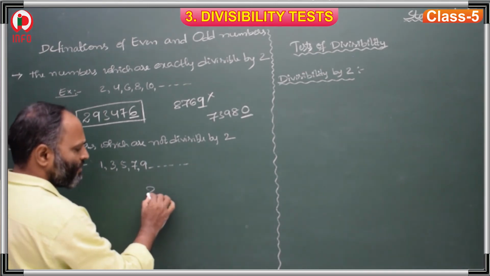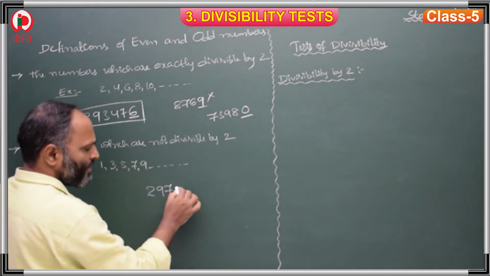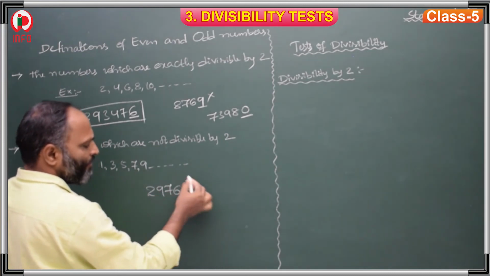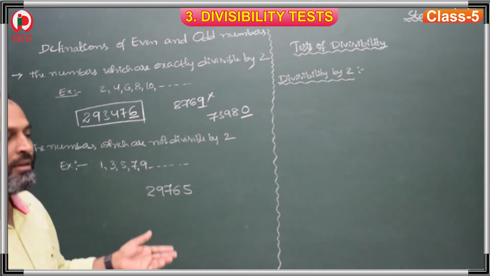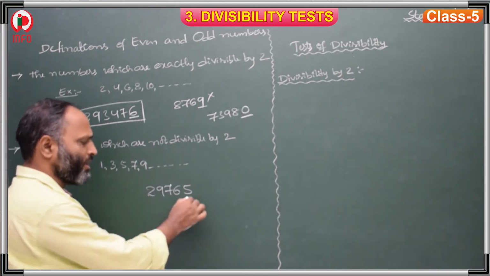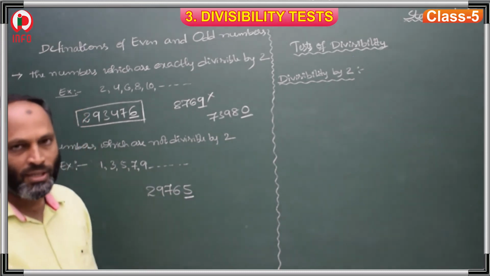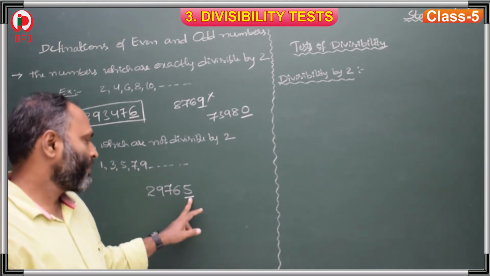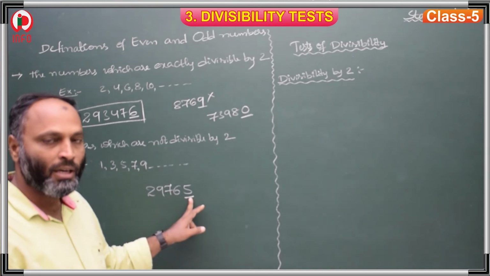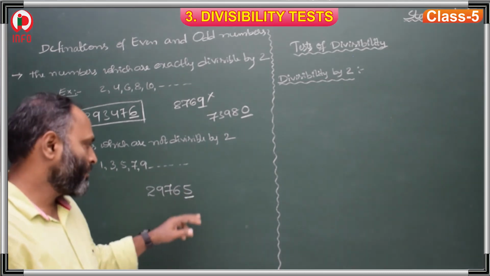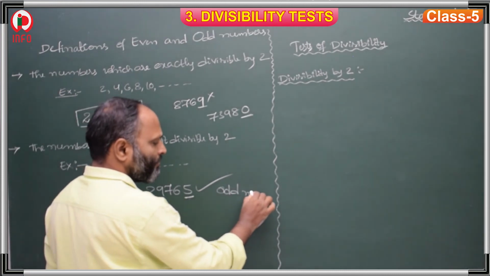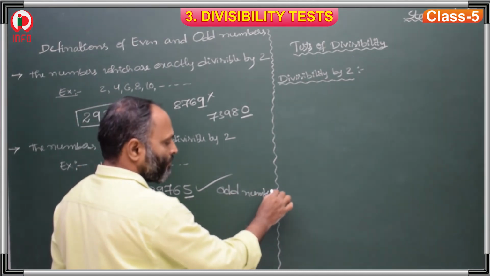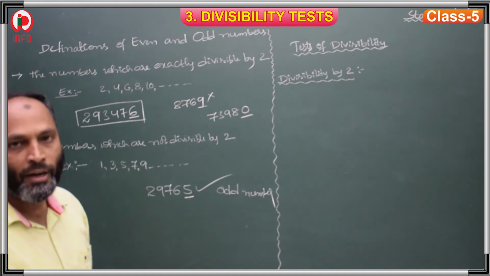If suppose I take 2, 9, 7, 6, 5. Either this number is an even number or an odd number. So we have to check the ones place. In the ones place 5. It is not an even number. It is an odd number. So this number is an odd number.